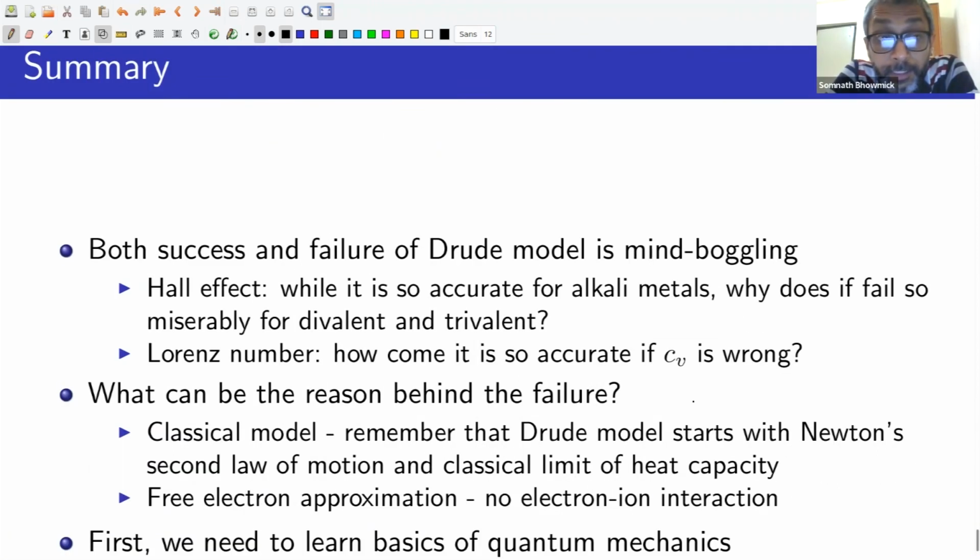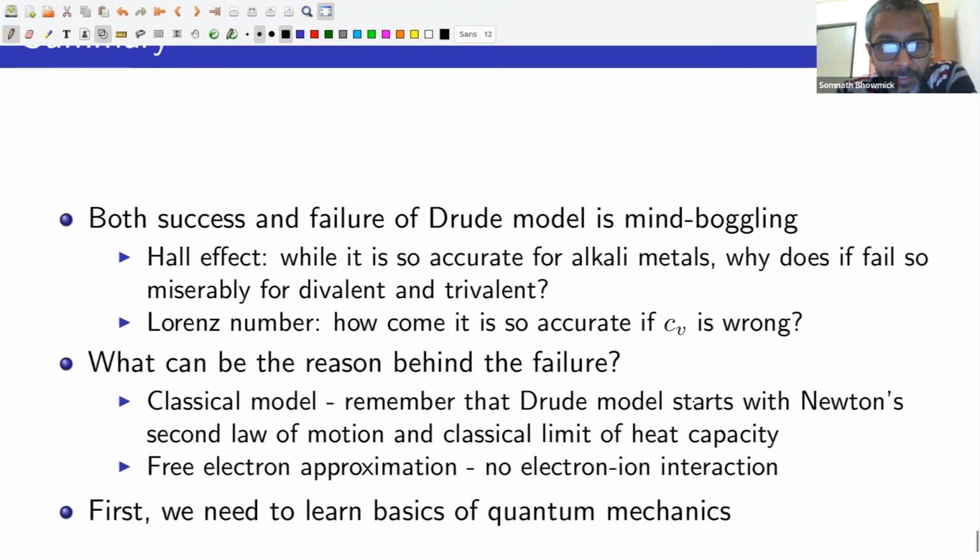Finally, let us summarize whatever we have learned in this chapter. So both the success and failure of the Drude model is mind-boggling. If we consider the Hall effect, then it is very accurate for alkali metals, but it fails very badly for divalent and trivalent metals.